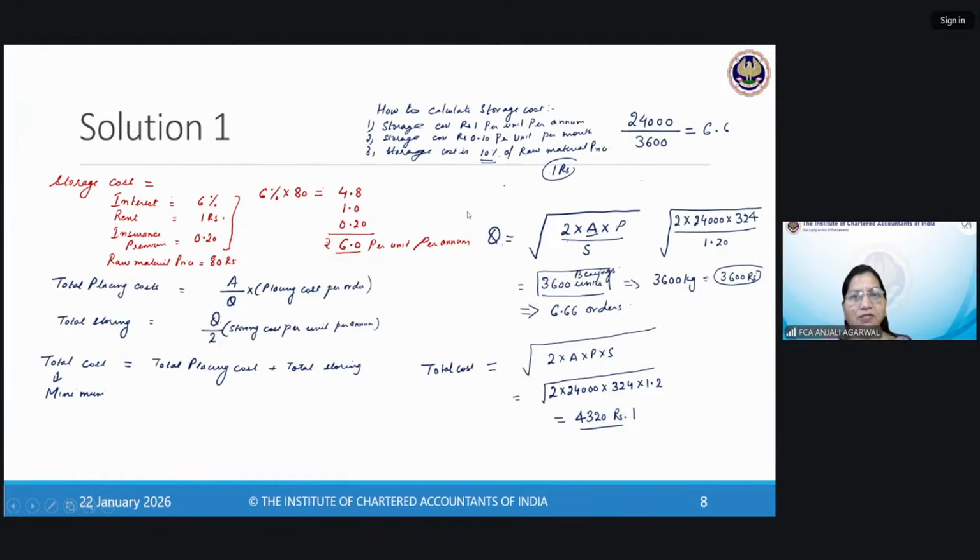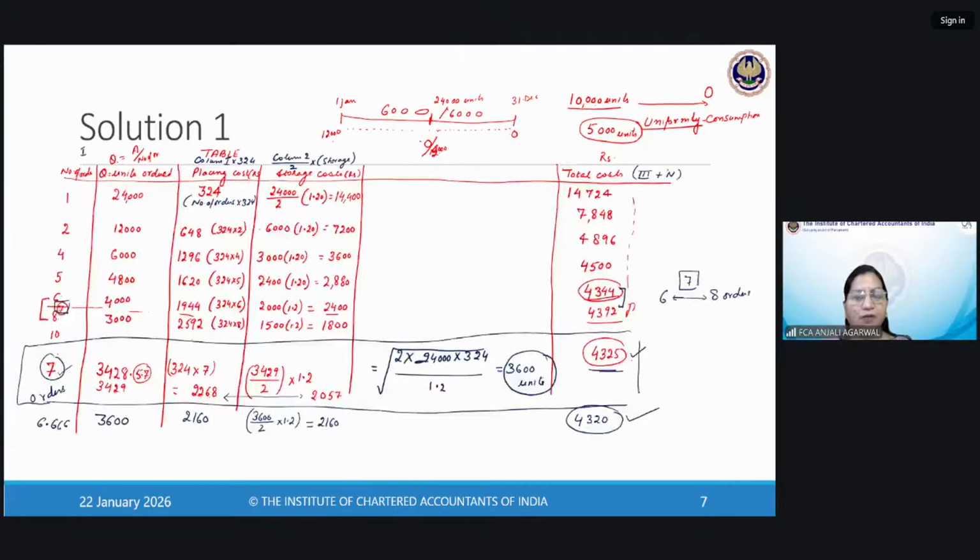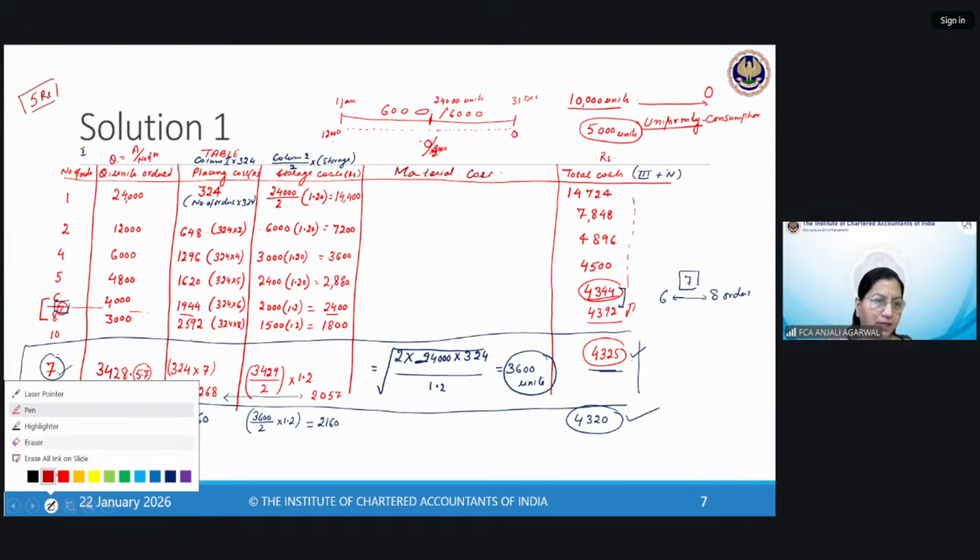Now to the next question you've asked in the chat window, why do we use the tabular form? We use the tabular form, for example, if this raw material price was 5 rupees per unit. So there is one more cost which might become relevant, and that is the material cost. Why will the material cost become relevant here?